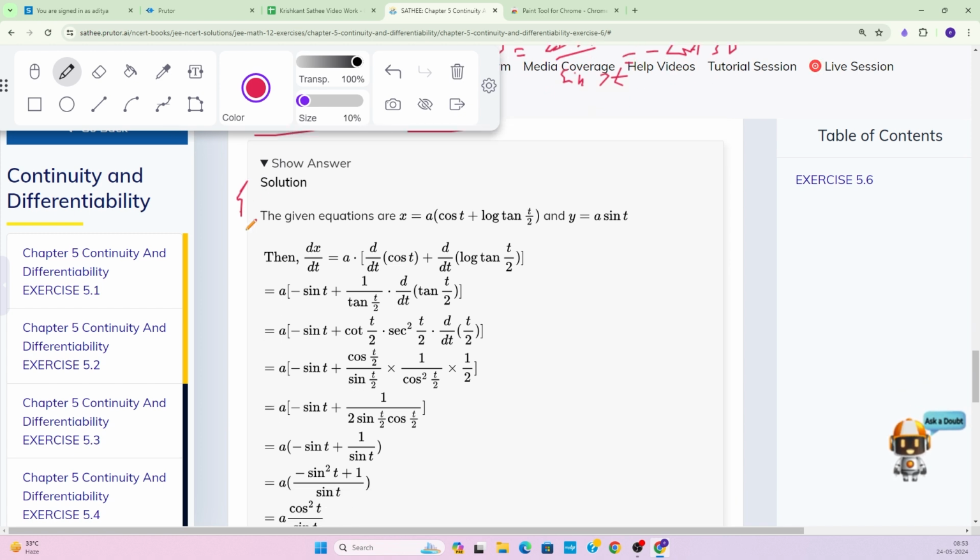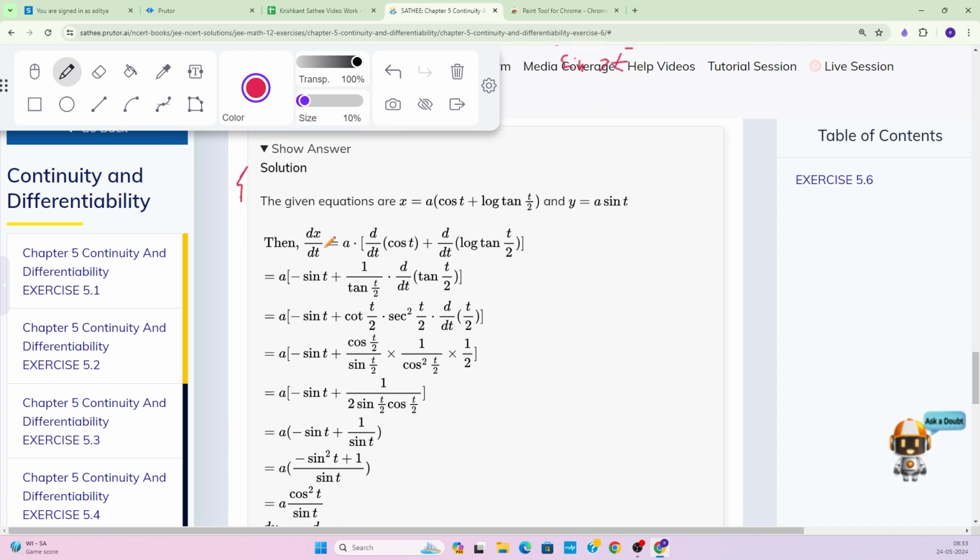Let me just use the eraser. Okay, clear? Taking a common, why? Because a is a constant, so it will not affect anything in multiplications.